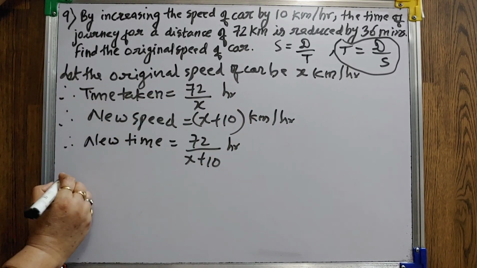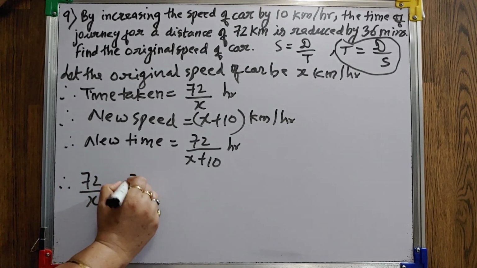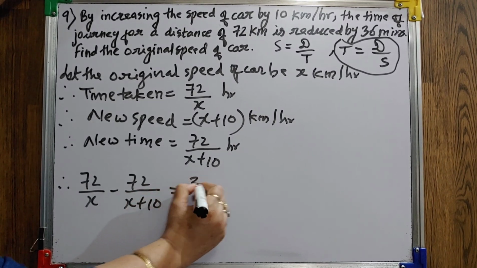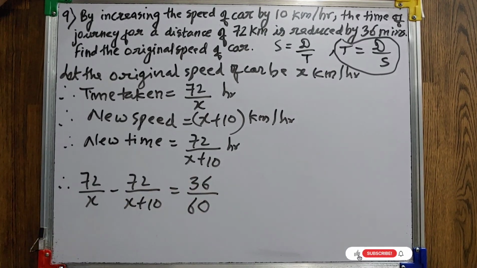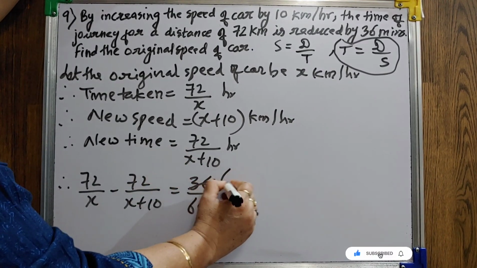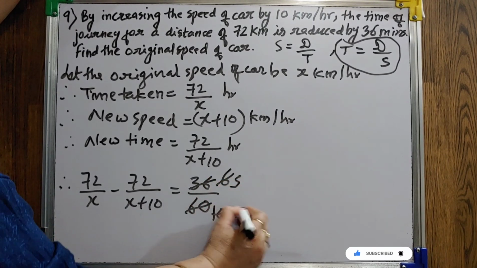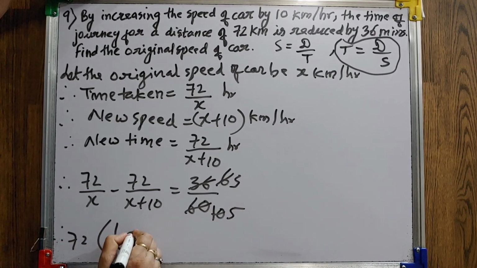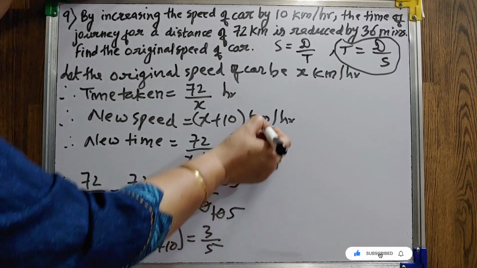Now, new time will be less. So, original time minus new time will be 36 minutes, which divided by 60 will get it in hours, that is 3 by 5. Here take 72 common. 1 by x minus 1 by x plus 10 will be 3 by 5.